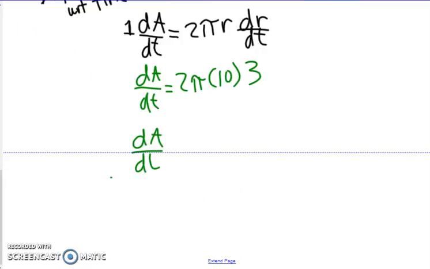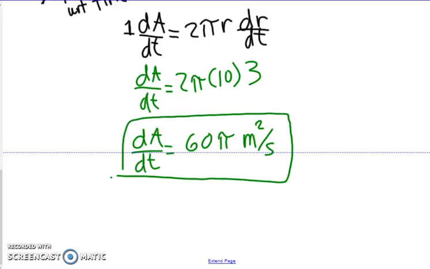Calculating this out, the rate of change of the area is 60 pi. And since it's area, it's meters squared per second. And that's our final answer.